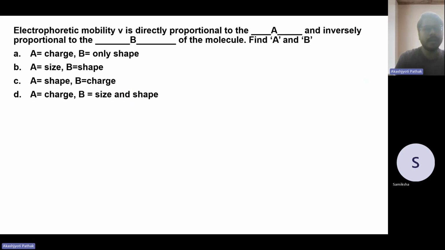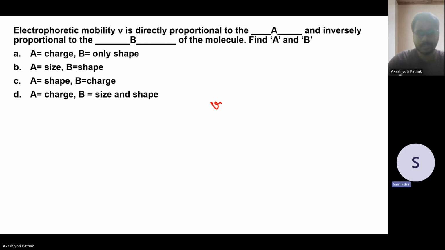Okay. So now, electrophoretic mobility is directly proportional to the dash and inversely proportional to the dash of the molecule. This is a very easy question. Mobility is directly proportional to the charge and inversely proportional to the size and shape.